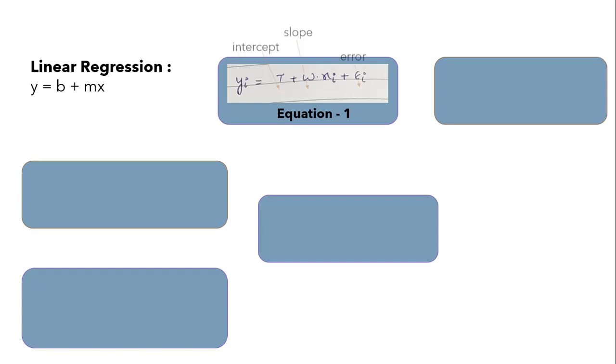So guys, here tau is the intercept value and w is the slope value, and the term e represents the individual error when modeling real world data that doesn't fit perfectly to a straight line. Now we have to determine the values for these unknown parameters tau and w for minimizing the total error.